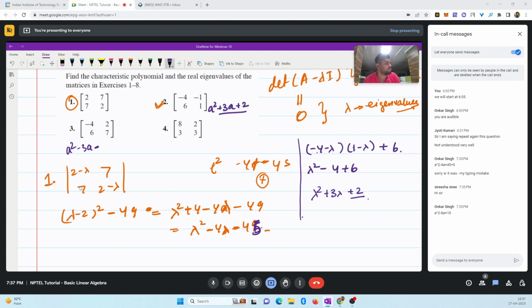Then the fourth one: lambda square minus 11 lambda plus 18.